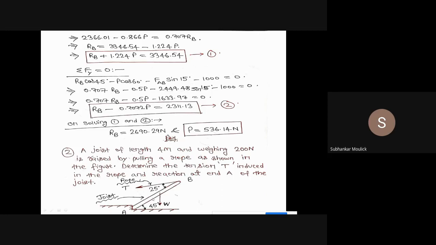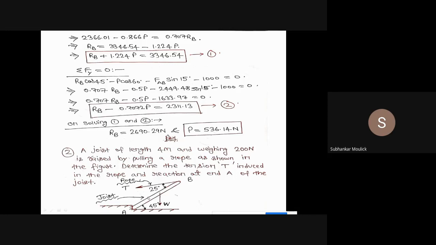The joist is supported at end A. Weight of the joist is W, acting vertically downward from its center of gravity, and the joist is placed at an angle of 45 degree with respect to the horizontal floor, and the distance AB is 4 meter, which is nothing but the length of the joist.